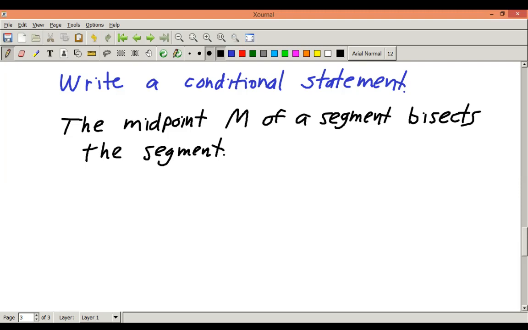So we're going to take this ordinary statement and write it as an if-then statement.